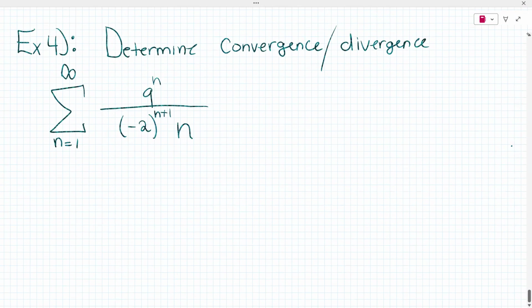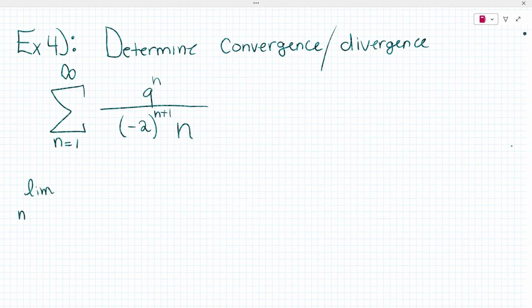Determine the convergence or divergence. We have the summation from n equals 1 to infinity of 9 raised to the n over negative 2 raised to the n plus 1 times n. So we know the rules. You replace n with n plus 1 and multiply by the reciprocal. So you can just start writing it out.